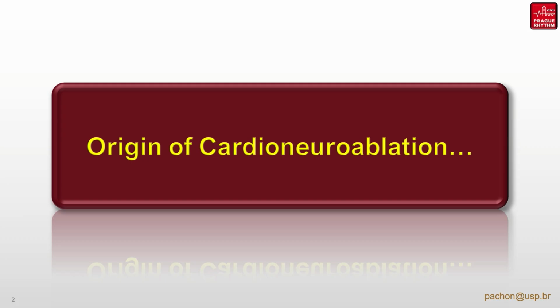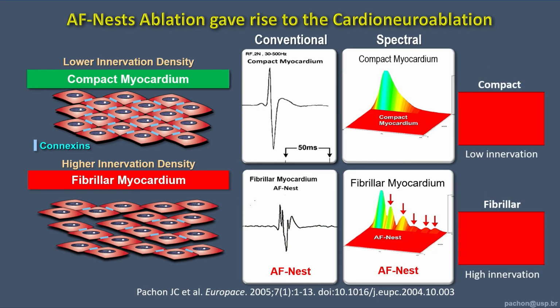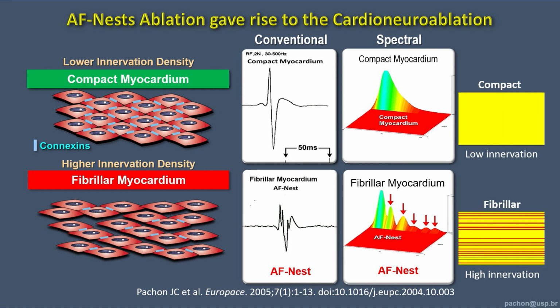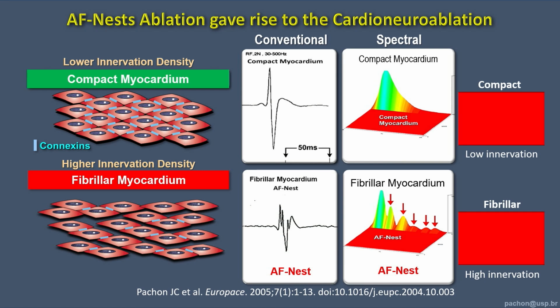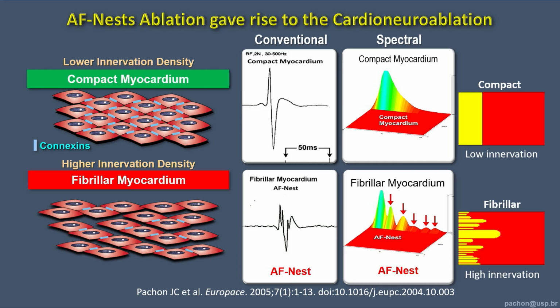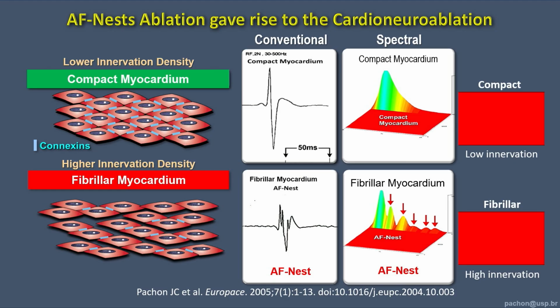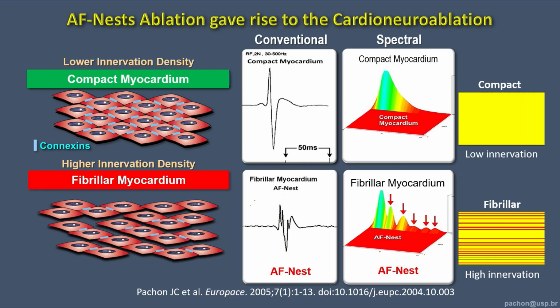Let's talk about the origin of cardioneuroablation. The origin was here in Prague, in your congress. I was studying in the 90s, and we found very well connected muscle, the compact myocardium, and loose muscle, the fibrillar myocardium, and they are present in the normal heart.